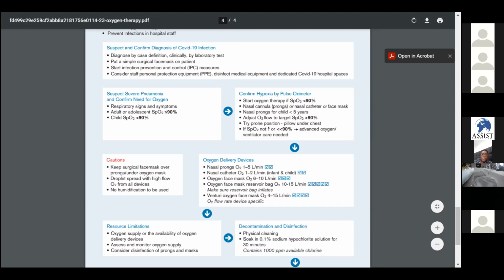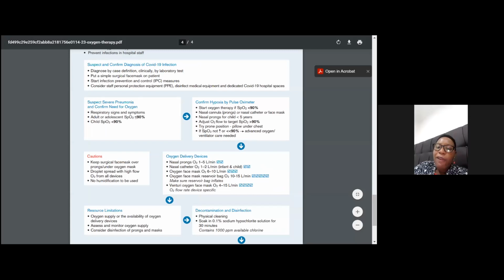If the saturations do not improve after a few minutes on your simple face mask, you're going to escalate your therapy. You can use a face mask with a non-rebreather bag. This will increase the fraction of inspired oxygen which is being given.